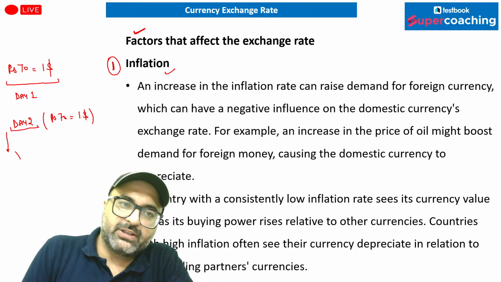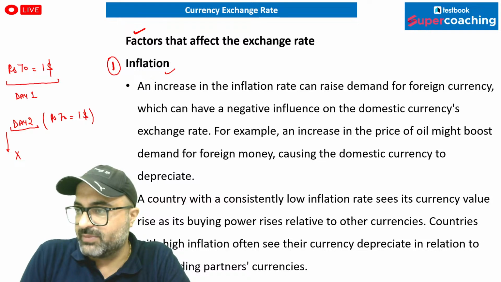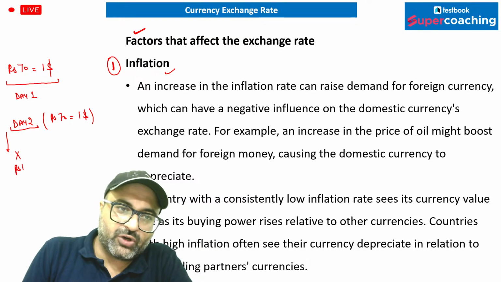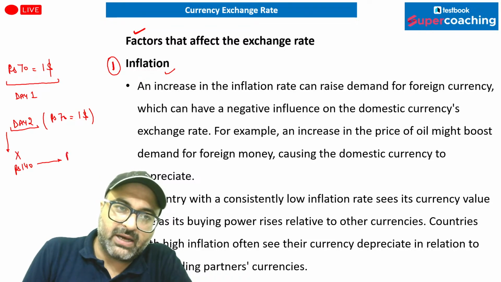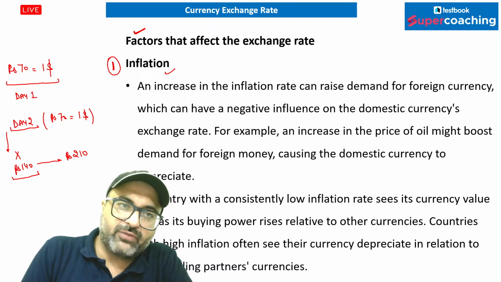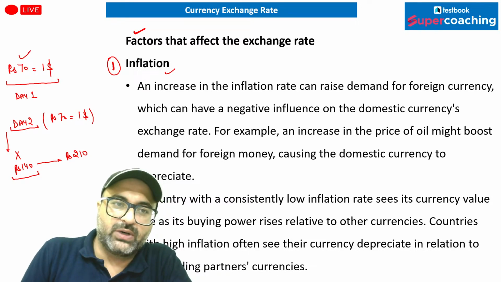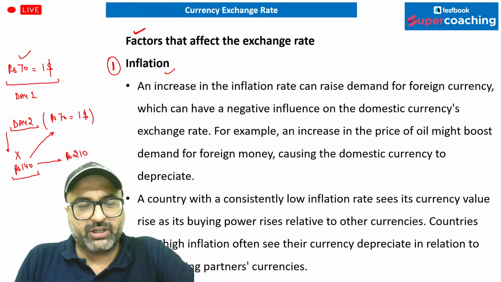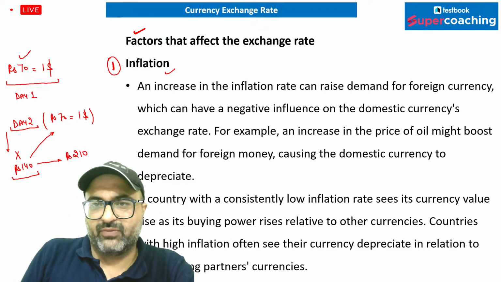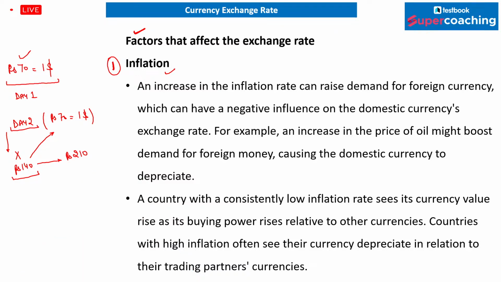Inflation means the product X, which was earlier available in the market at a price of 140, is now available at a price of 210. So this is the product which was earlier exported. If I convert it into the foreign currency rate, 140 rupees is the Indian price and $1 is equal to 70 rupees, which means it is exported at $2.